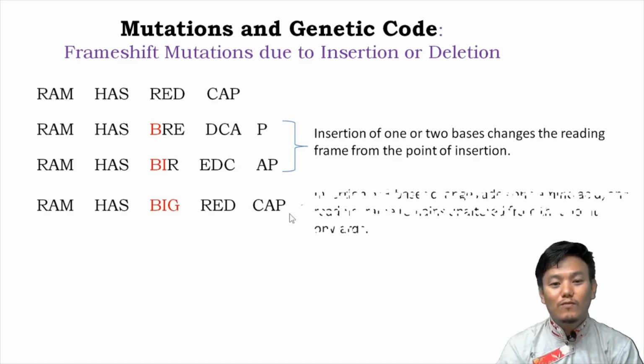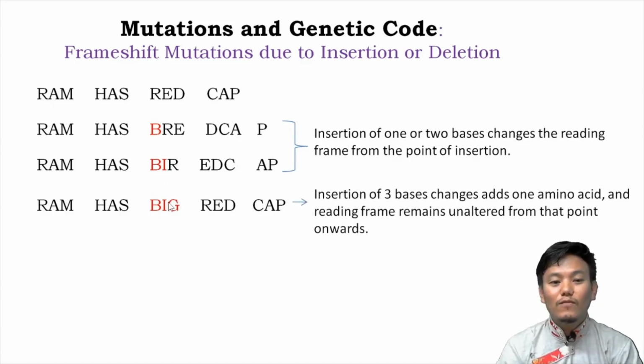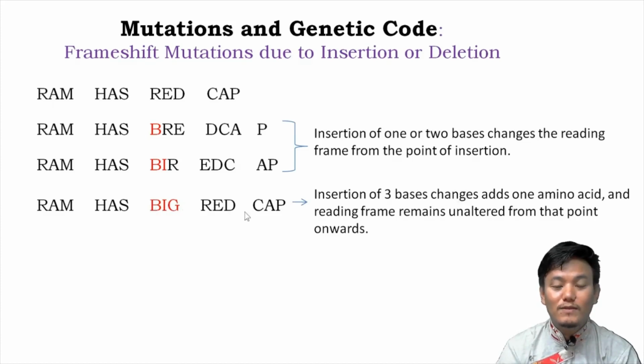So if we add 3 bases, the 3 letters meaning 3 bases, it leads to the addition of 1 extra amino acid over here. However, the reading frame after that point of insertion will remain unaltered or unchanged from that point onwards.